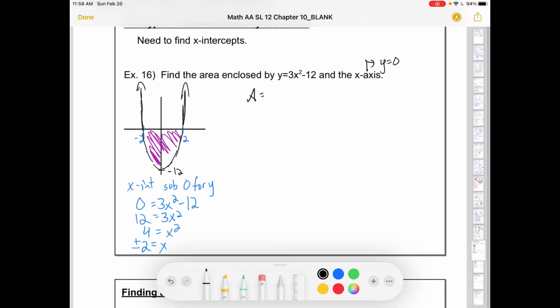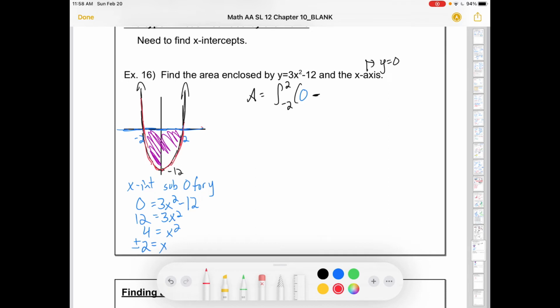The area is the left boundary to the right, of the top minus the bottom. Now in this case, the top curve is actually the x-axis. So the top curve is 0, y equals 0, minus the bottom curve. For us, the bottom curve here is going to be this parabola.